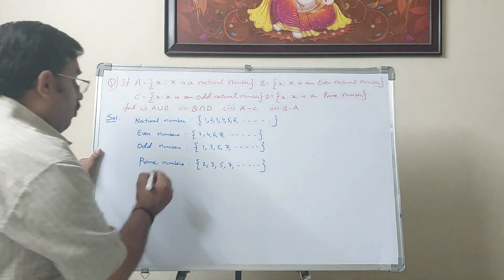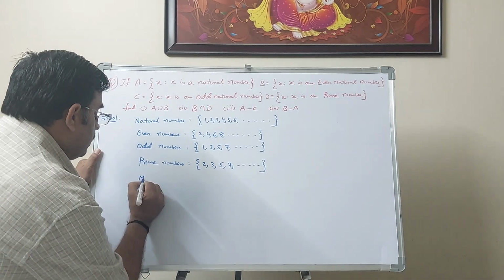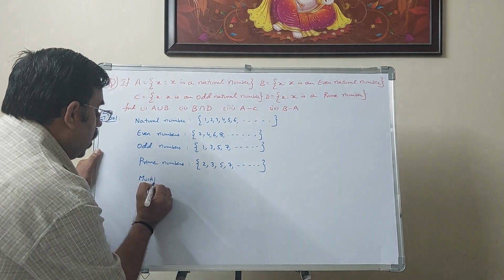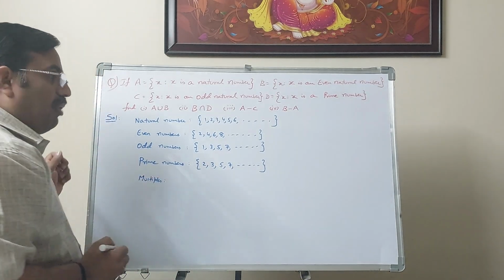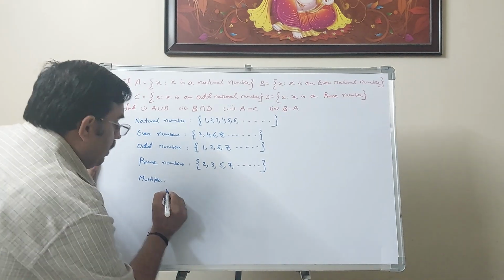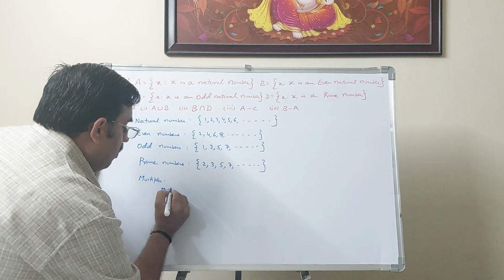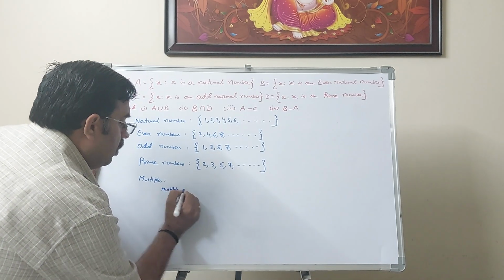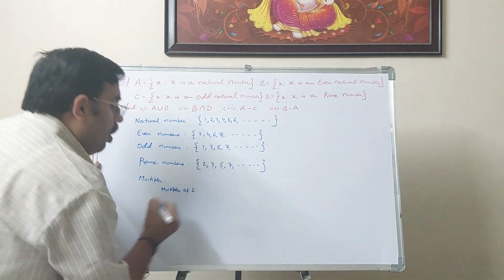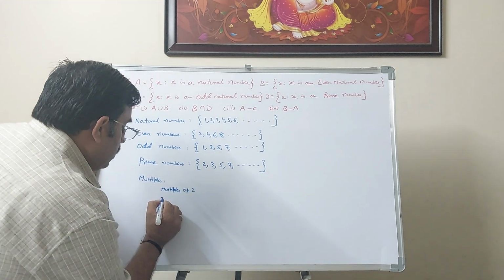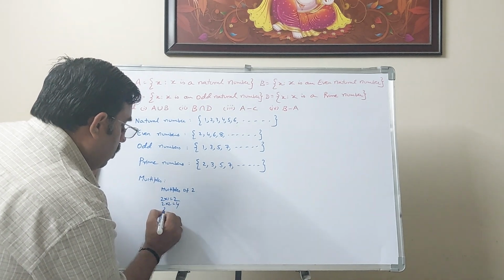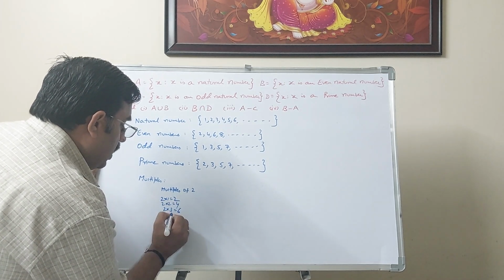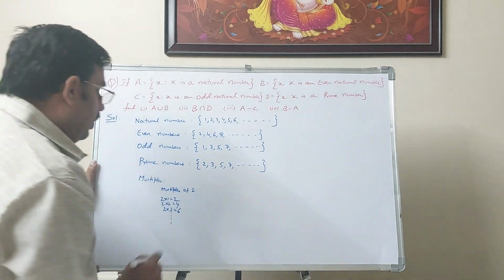And what are multiples? You have to understand these definitions clearly. How do you write the multiples of 2? 2 1s are 2. 2 2s are 4. 2 3s are 6. These are all multiples of 2.